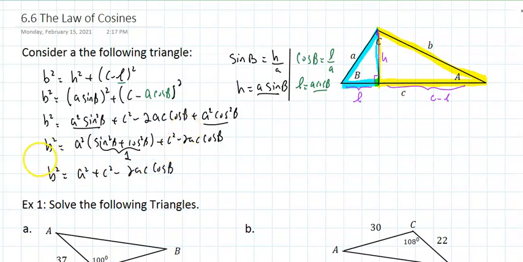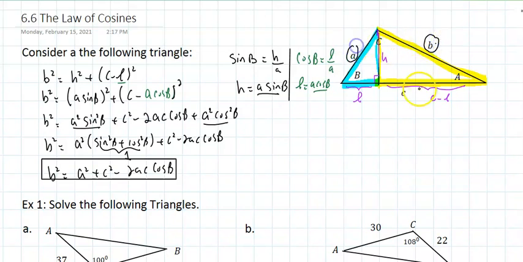All of these sides and angles are given. What this is saying, if I go back to the original triangle, if you take a side and you square it, that would be the square of the other two sides, like the Pythagorean theorem, except minus 2 times A times C times the cosine of the angle opposite of that side.